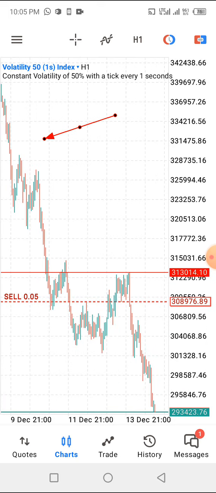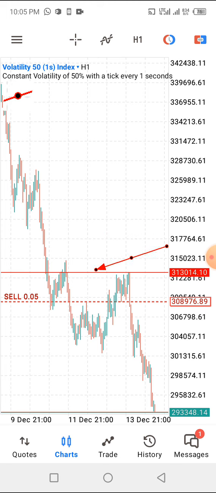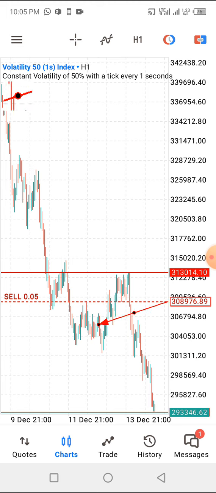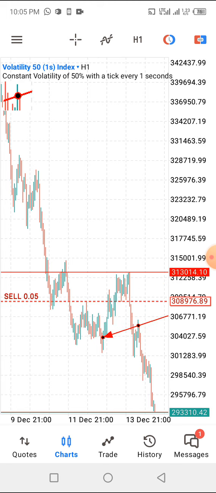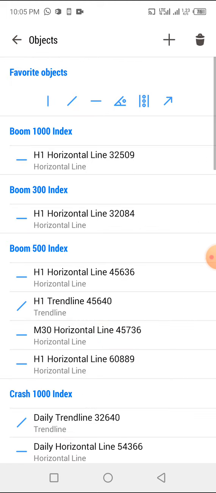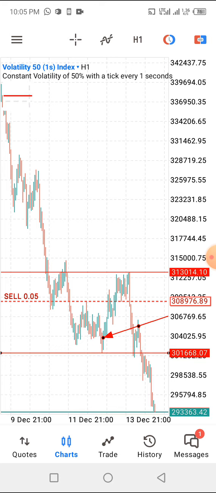Okay, so let's say when I actually got to this chart here, I saw the price at this point here. It was selling.